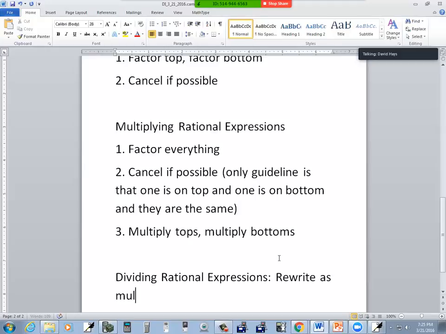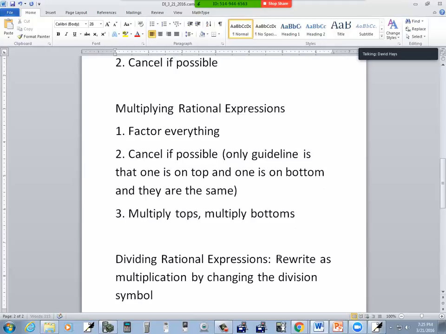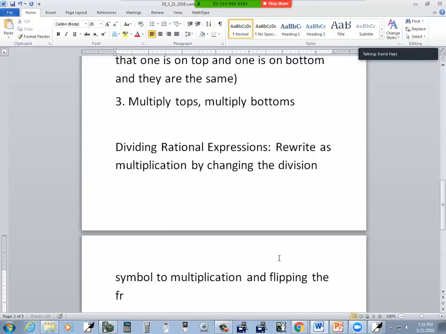We rewrite it as multiplication by changing the division symbol to multiplication and flipping the fraction following the division symbol.